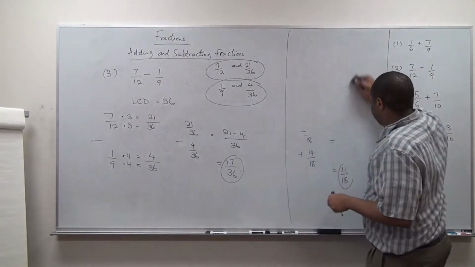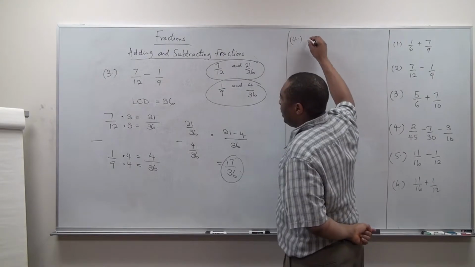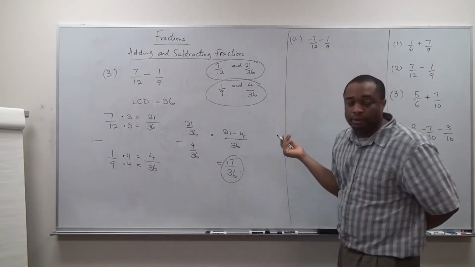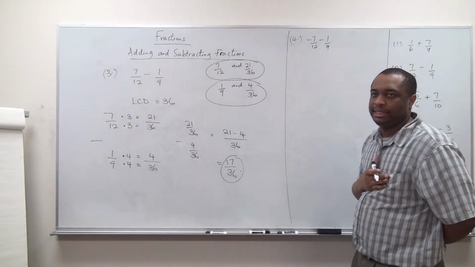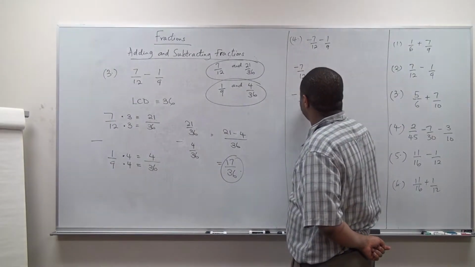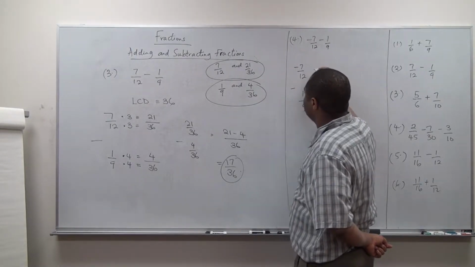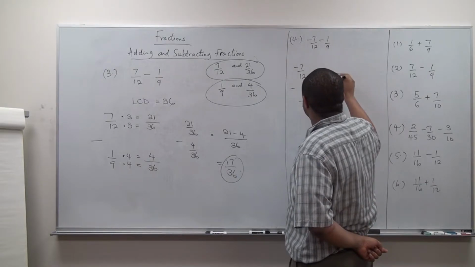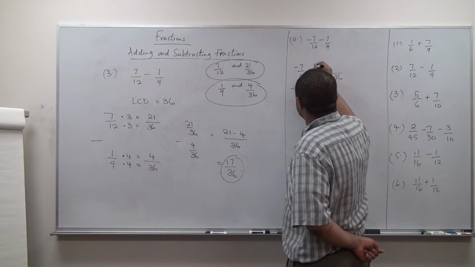Let's do more examples. Number 4. What if I have negative 7 over 12, minus 1 over 9? This is the same way we do addition and subtraction of integers. We have negative 7 over 12, negative 1 over 9, or minus 1 over 9. It still doesn't matter, it's the same thing. So, what will you do here? This is 36, this is 36, this is times 3, times 3.